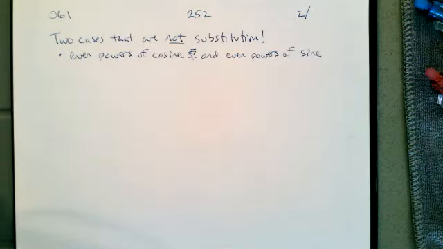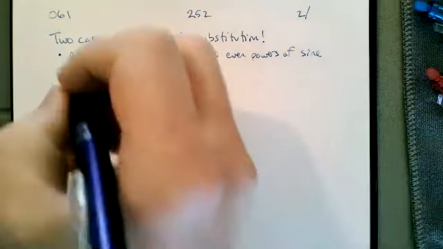So one case that's not substitution is when we have even powers of cosine and even powers of sine. We're going to summarize this case by calling this even powers of cosine for future reasons. I always do.